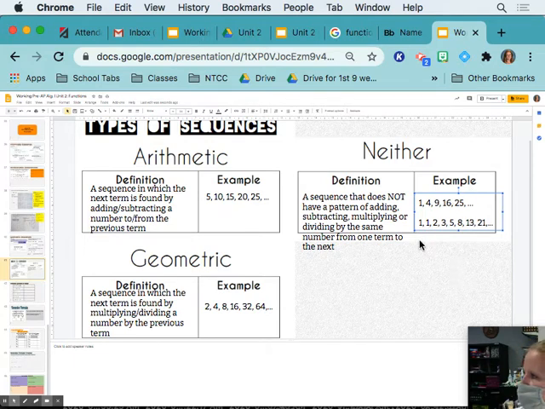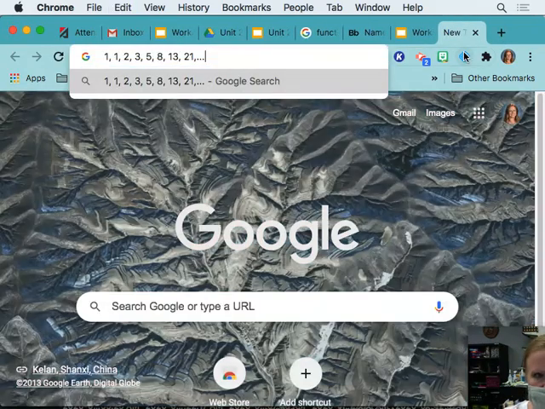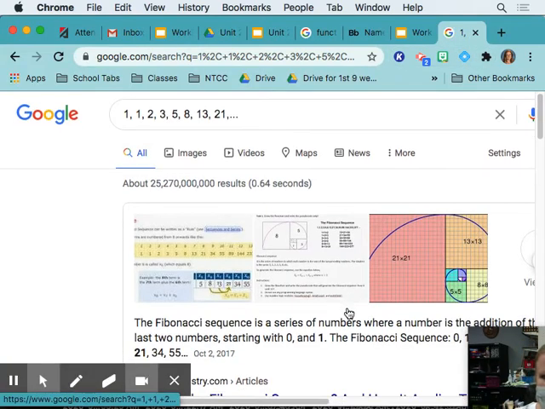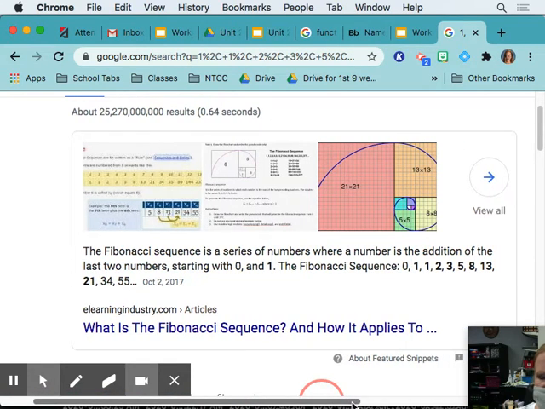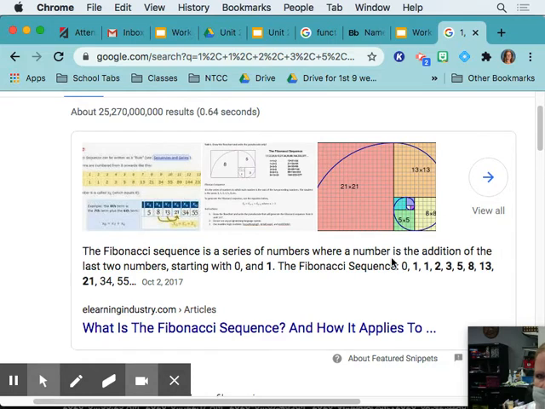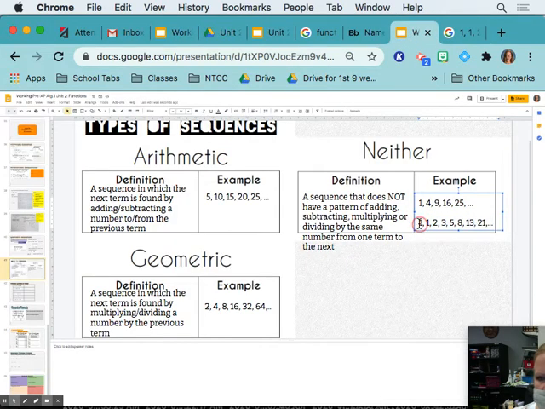Isn't it adding, 1 plus 1, 1 plus 2, 2 plus 3, 3 plus 5, 5 plus 8, and then 8 plus 13? Yep. I think it's called the Fibonacci sequence. I gotta make sure. Fibonacci sequence is what it's called, where a number is the addition of the last two numbers, starting with 0 and 1. Oh, there was a 0 there. Whoops. There we go. That's called the Fibonacci sequence.